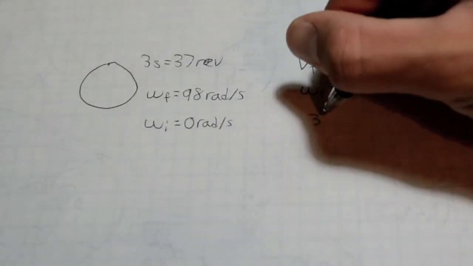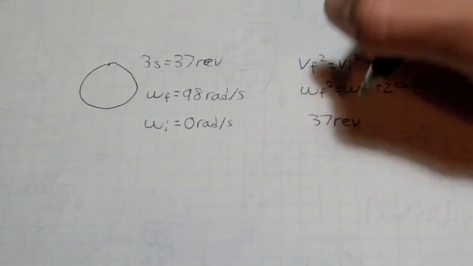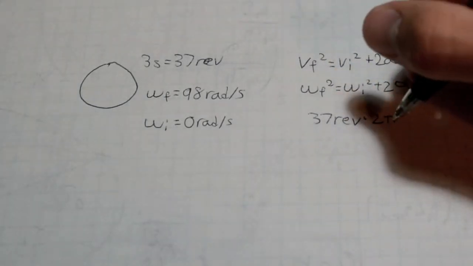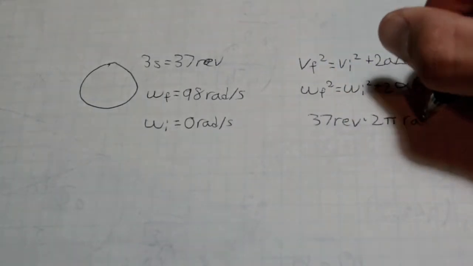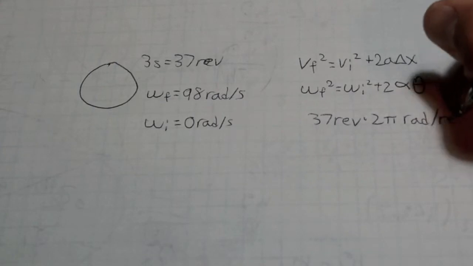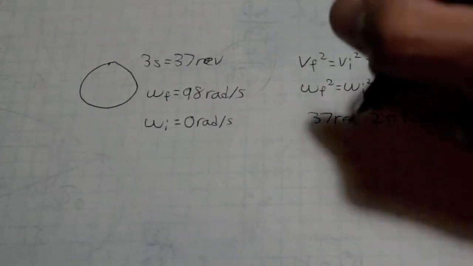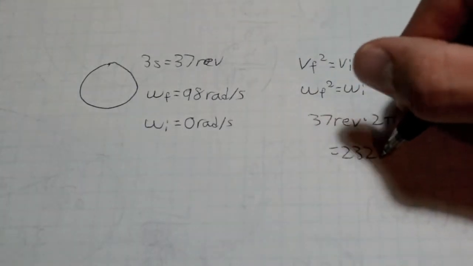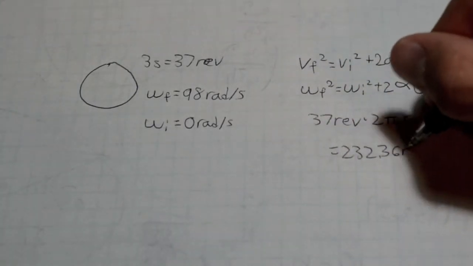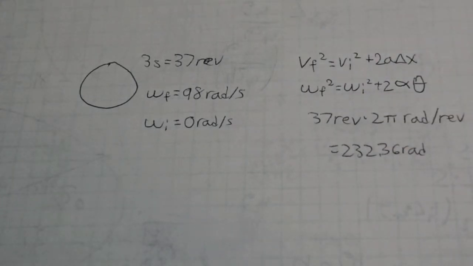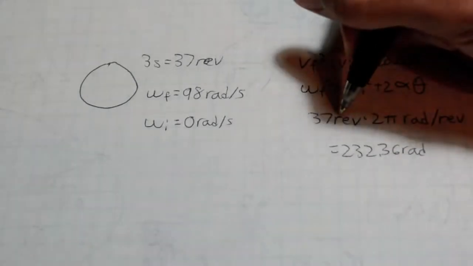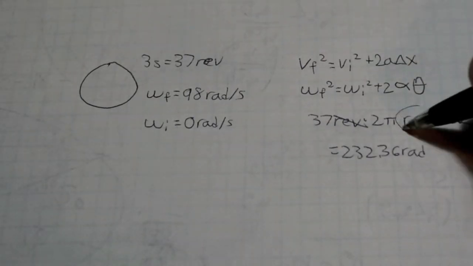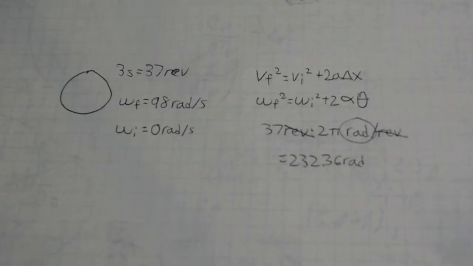So, 37 revolutions times 2 pi radians over revolutions equals 232.36 radians. And this is a lot like stoichiometry in that this revolution and this revolution will cancel out, and then you are left with radians.